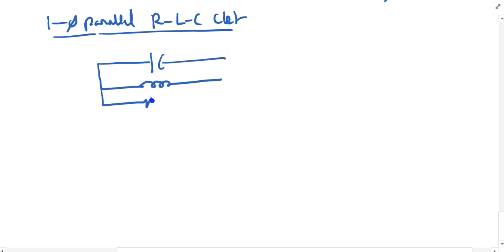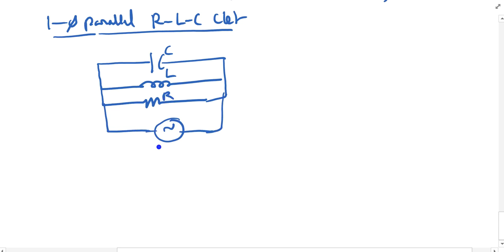I have R, C, L, and I'm supplying a single phase AC system V to this network, and this is the current I. Again I am taking this is IR, this is IL, and this is my IC.